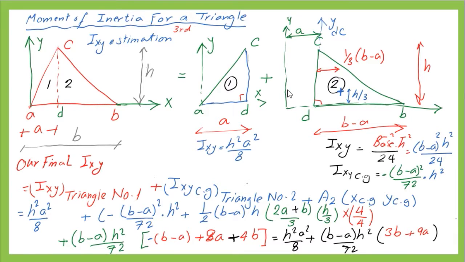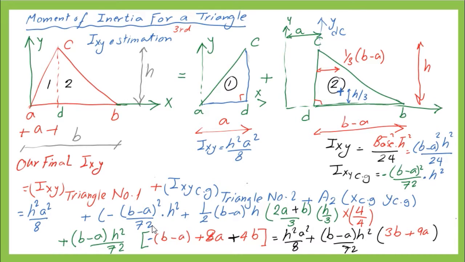The first X distance will be A plus 1/3 B minus A, which will give us 2A plus B divided by 3, and the Y, the height in the Y direction, is equal to H over 3.